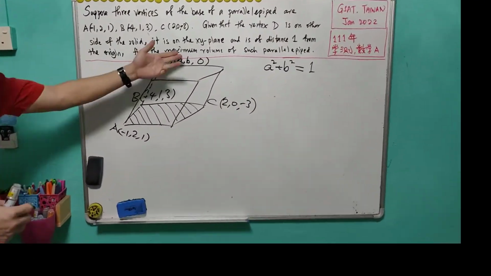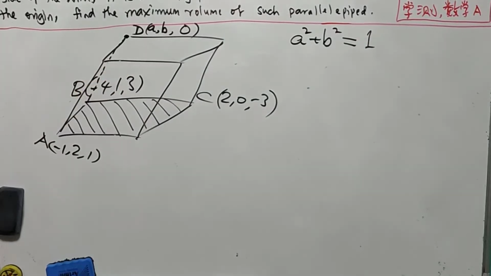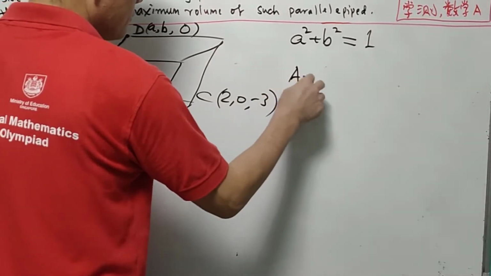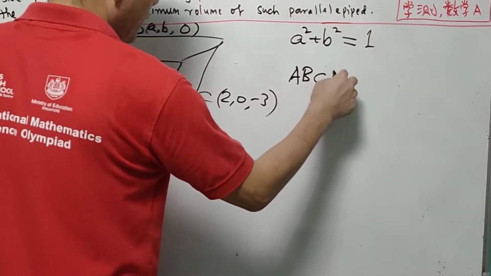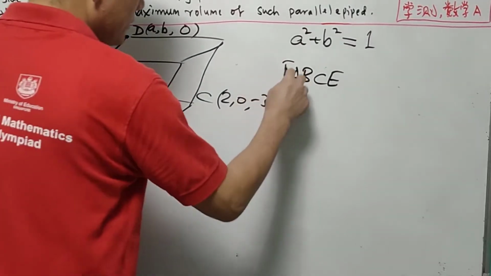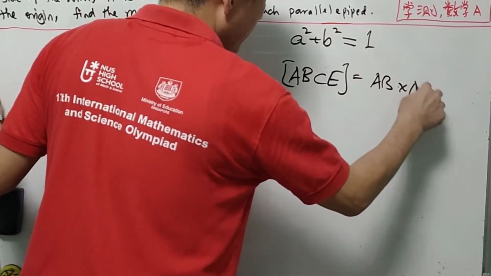First of all, we know that the volume will be equal to the area times the height. And the area is not difficult to find. We can find the area, say that this is A, B, C, and E. Call this point E. The area will be given by the formula |AB cross AC|.